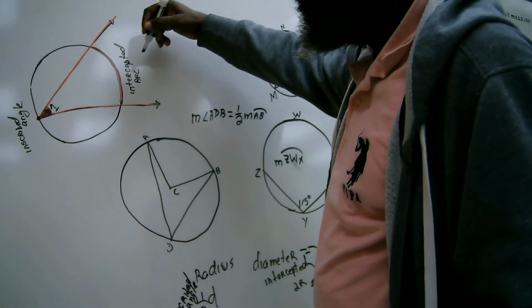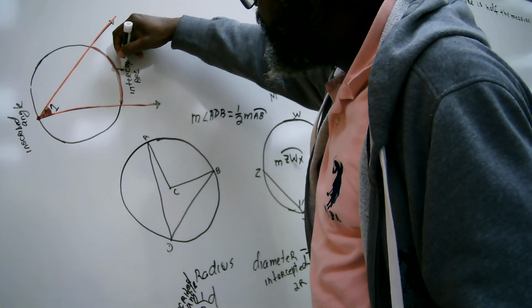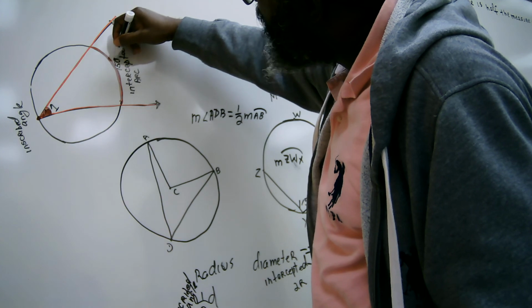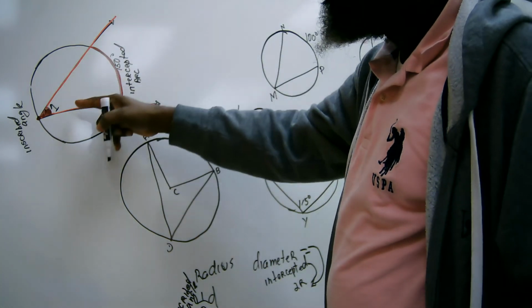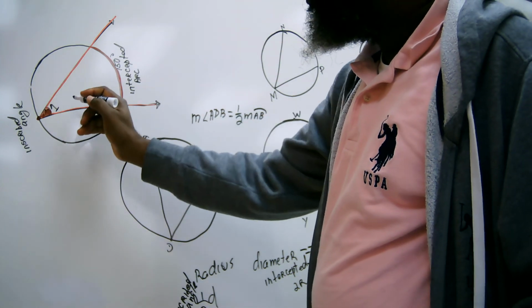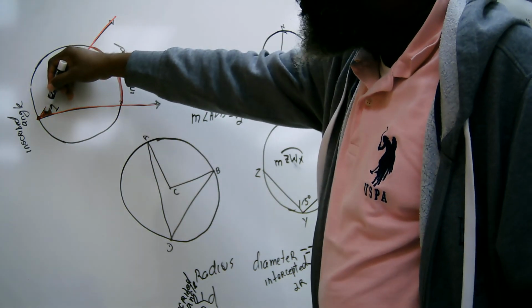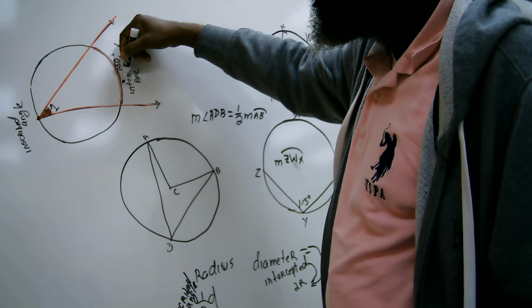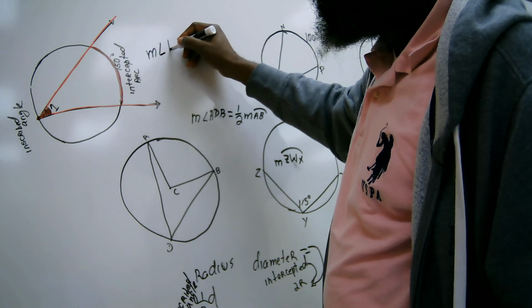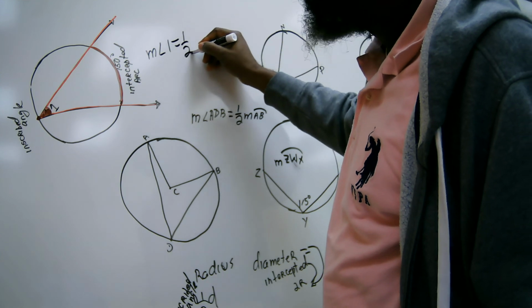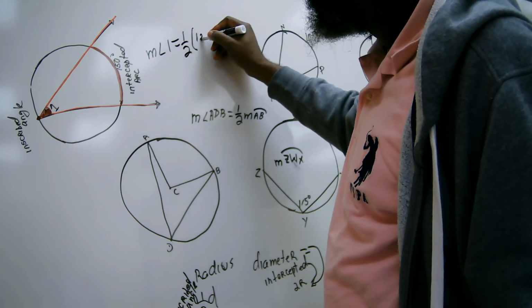Meaning that if I have this arc which is 150 degrees, and I'm looking for this angle 1, the only thing I have to do is remember the inscribed angle is always half of its intercepted arc. Take half of 150.